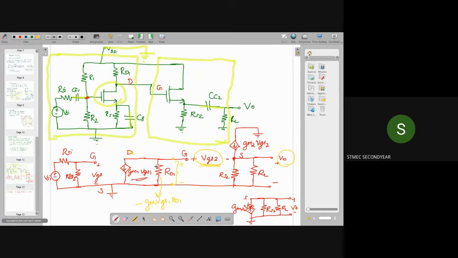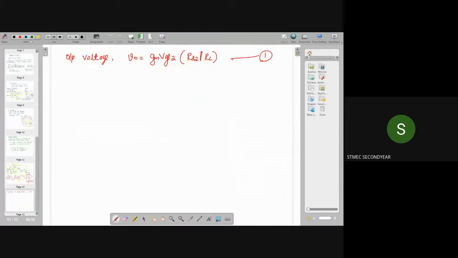This will be equal to the sum of these voltages, that is VGS2 plus V0. So we can write V0 plus VGS2 will be equal to minus gm1 into VGS1 into RD1.